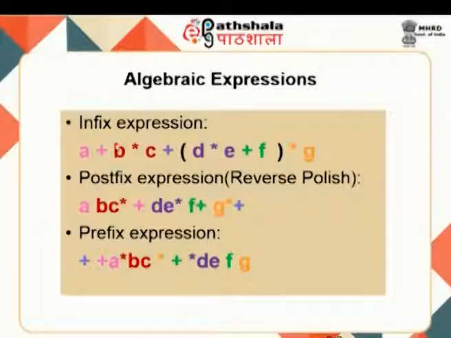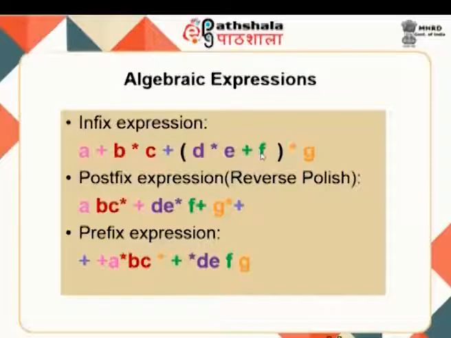Now, let us look at what happens here. An infix expression has some precedence rules. We are so used to it from childhood that we forget there is a precedence, but there is. If you look at a plus b star c, b star c has to be done first before a can be added to it. And of course, brackets have to be taken care of first.